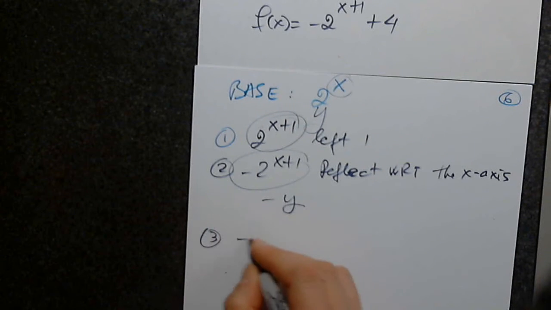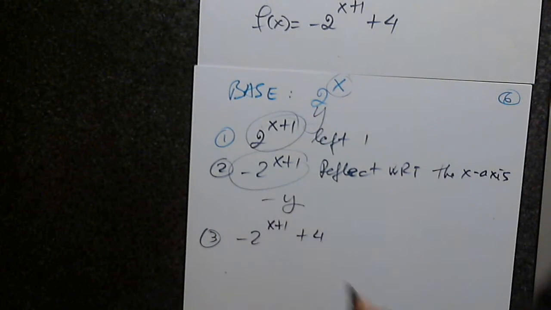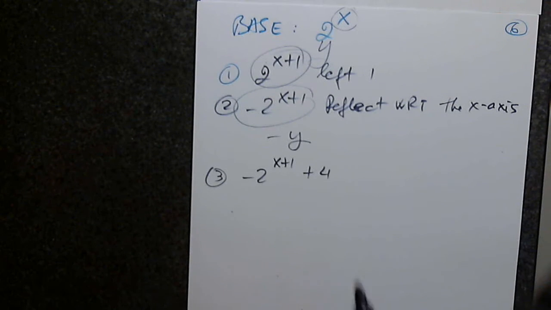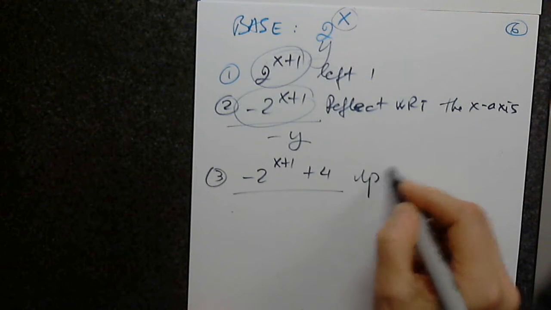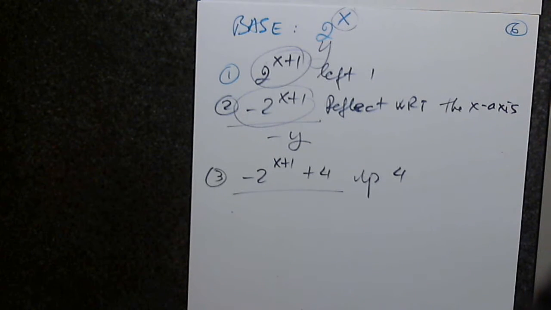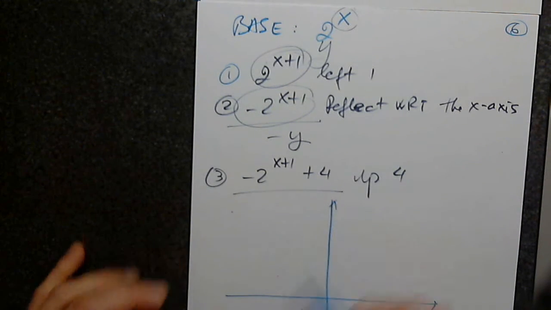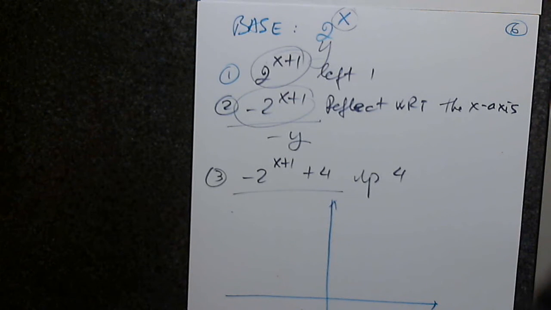Perfect. Number 3, negative 2 to x plus 1 plus 4. What transformation is this on this? Say it again. Excellent. Up 4. Great. How do I graph 2 to the x? Is it increasing? Is it decreasing? How do I graph it?